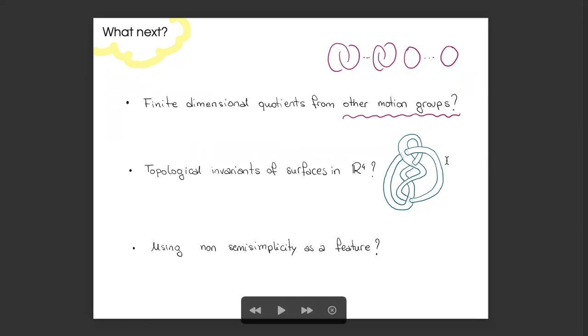Then, can we do this process also for other quotients, or for other motion groups? For instance, there are not many motion groups for which we know a presentation, but there are some. Bellingeri and Mudan, I think, gave a presentation for necklace braid groups.